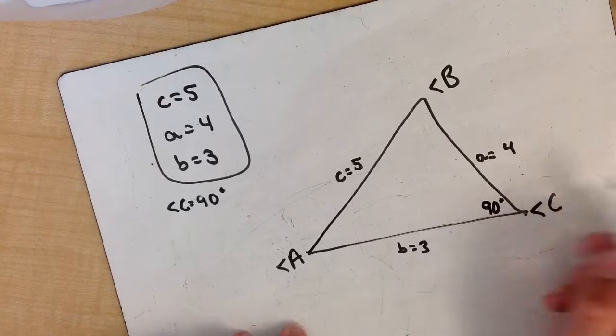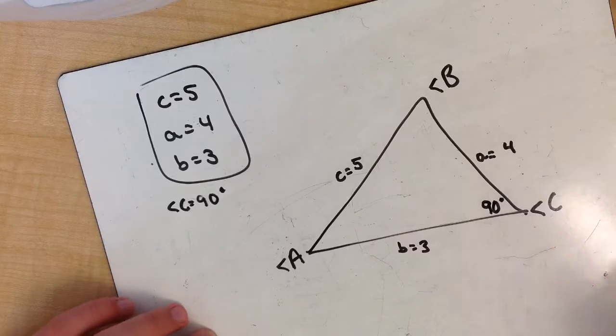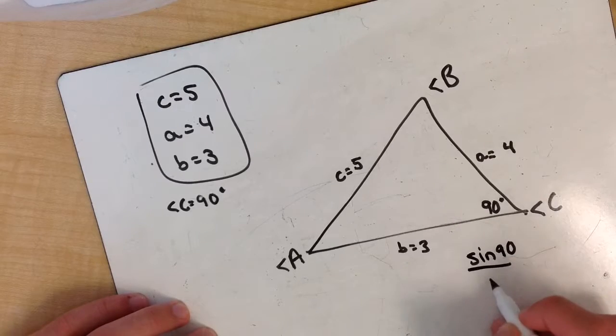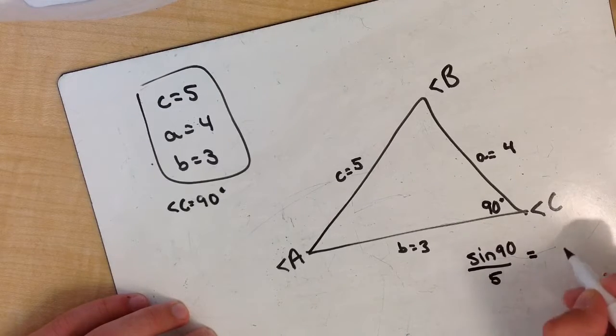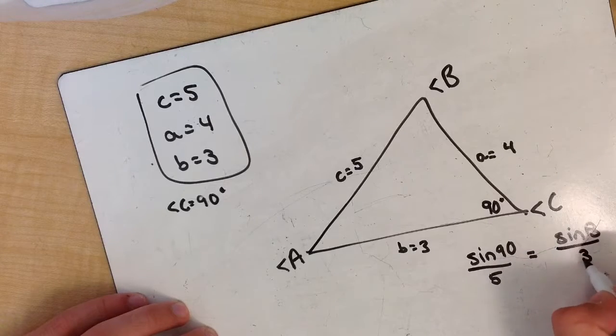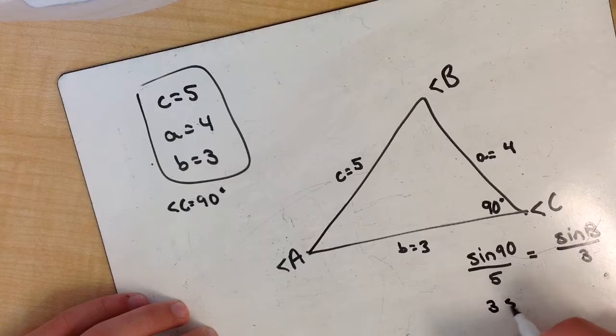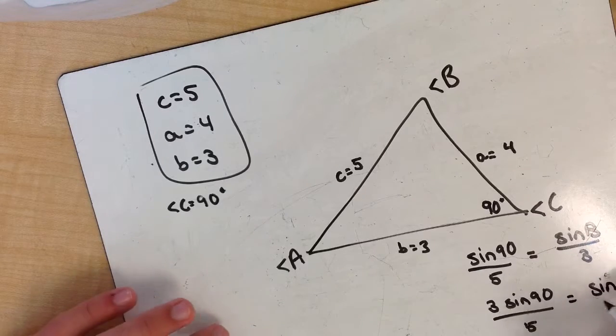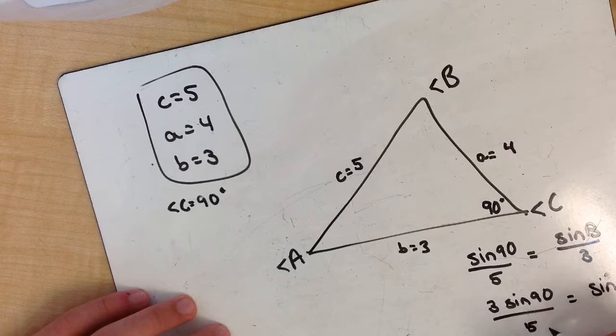Now we can use law of sines to find that sine 90 over 5 is equal to sine B over 3. So we get 3 sine 90 over 5 equals sine of B. Sine inverse of 3 sine 90 divided by 5 comes out to be 37 degrees, which is our angle B.